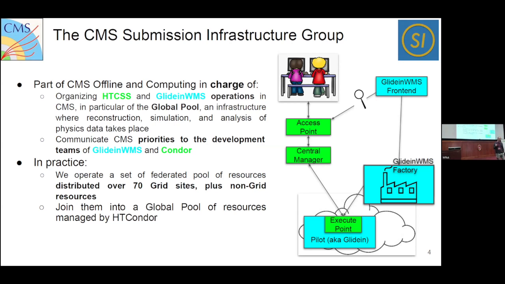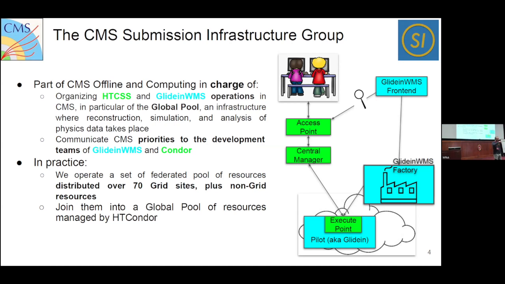I'm actually happy that we went through day 3 without the pilot or glidein. Glidein is the GlideinWMS implementation of the concept of a pilot. I was a little bit worried that the pilot concept was not introduced until day 3 or 4, because it was in the title of my slide, so I was assuming the concept was known.